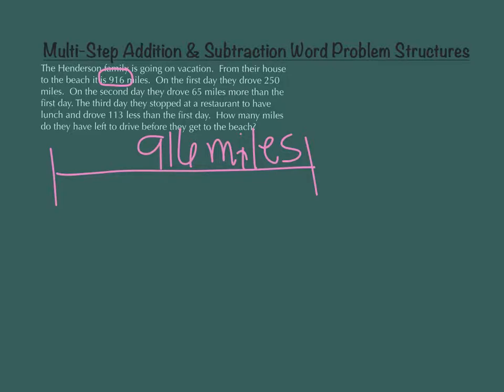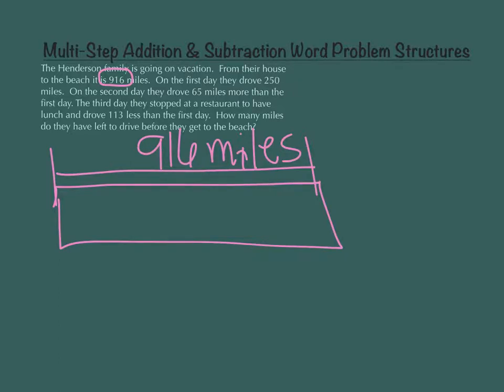Now, I have to think about the problem, and in the problem it said that the family was going to be driving to the beach, and they're going to be driving for a certain number of days, and then it gave me the question, how many miles do they have left to drive? So I have to think to myself, how many sections am I going to make this rectangle? The sections depend on the information in the word problem.